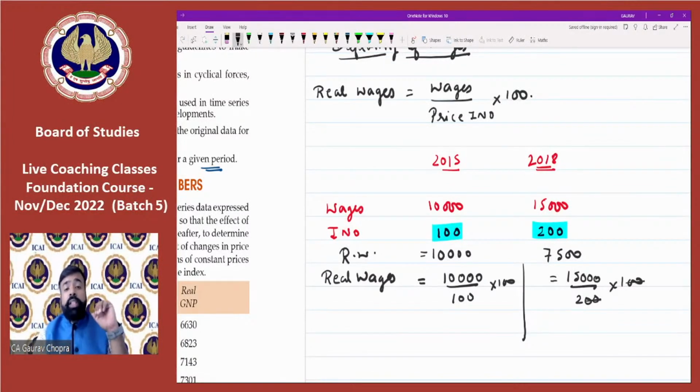So real wages earlier were 10,000 and now it is 7,500. How much is the difference? The difference is 2,500 and the wages has decreased by 2,500. So there will be a loss of 2,500. In this manner, we can always calculate profit or loss.